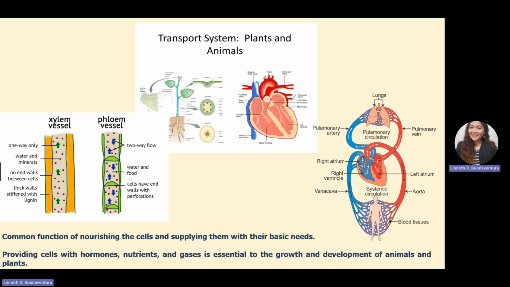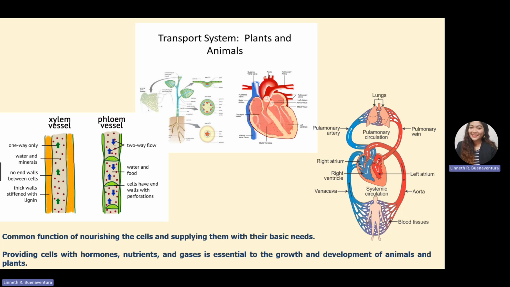The transportation in plants and animals are very different. As you can see in the comparison, the transport system in animals consists of several organs such as the heart, including the respiratory system and different blood vessels. On the other hand, we have the xylem and phloem in plants.